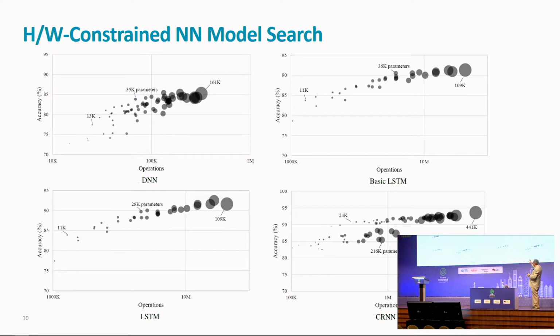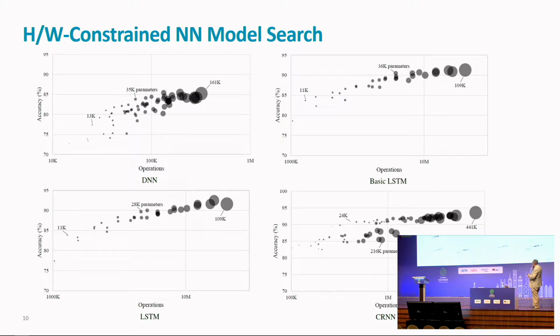But the size of the bubble or the size of the blob represents the number of parameters in the model, or effectively the number of weights in the model. And if you have a very large number of weights, then of course your memory footprint goes up considerably. So really we're looking at accuracy versus number of operations versus memory footprint.